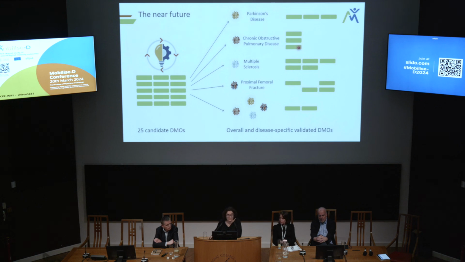We selected these diseases with different mobility disability patterns or causes, and if we identify something that works well for all of them, this could eventually be used for any other chronic disease.